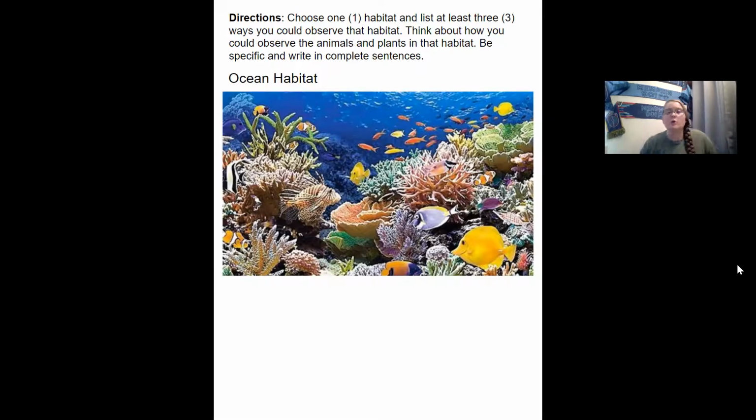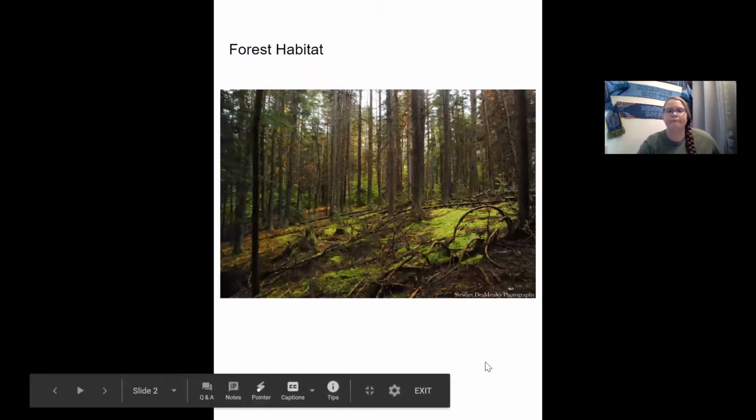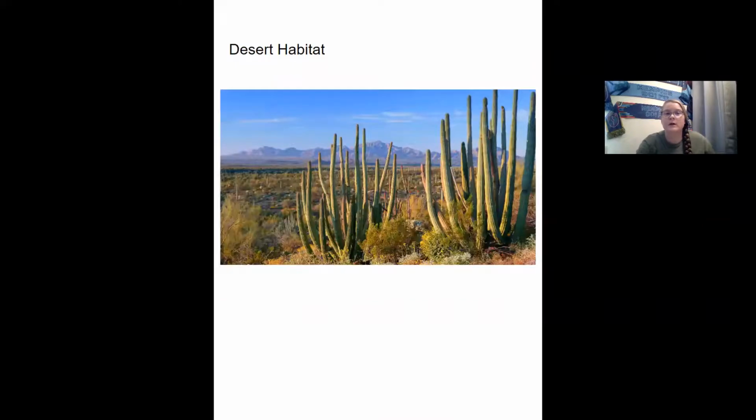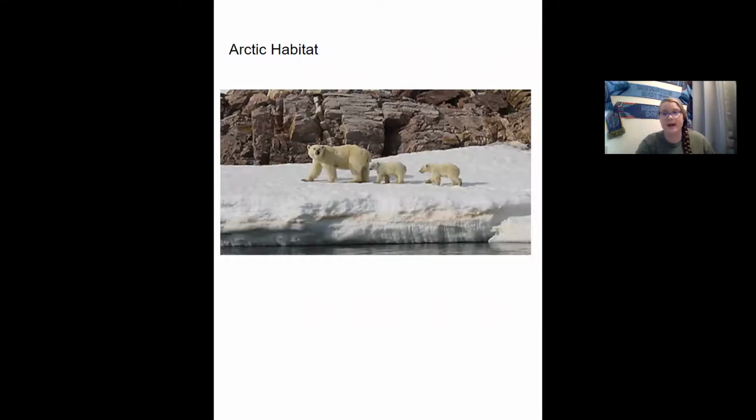So you have the choice between an ocean habitat, a forest habitat, a river habitat, a desert habitat, and an Arctic habitat.